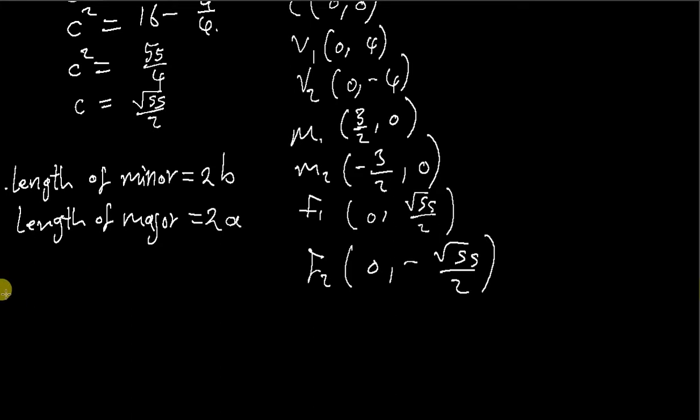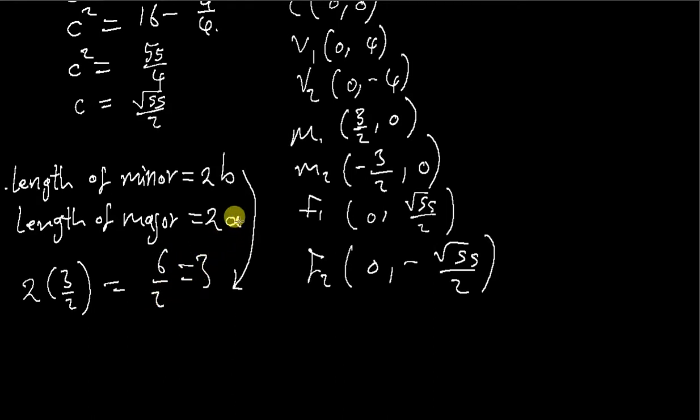So to find these, we found b to be 3 over 2, so we say 2 times 3 over 2, so the length there will be 6 over 2, which gives us 3. Then for the major axis it's 2a, and our a we found was 4, which gives us 8 units. So the length of the minor axis is 3, the length of the major axis is 8.